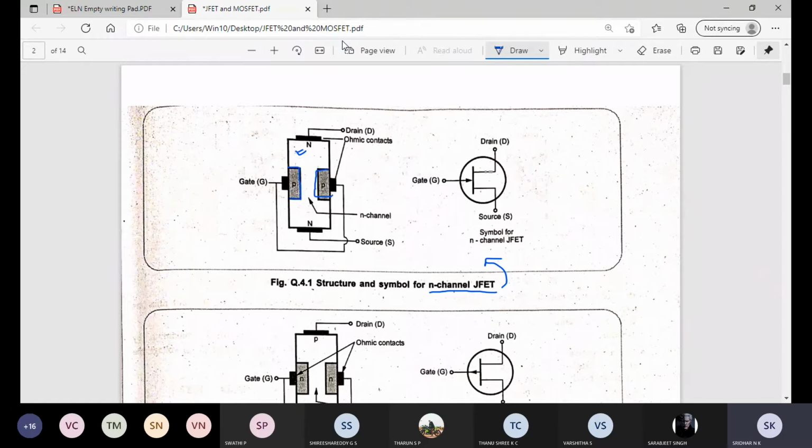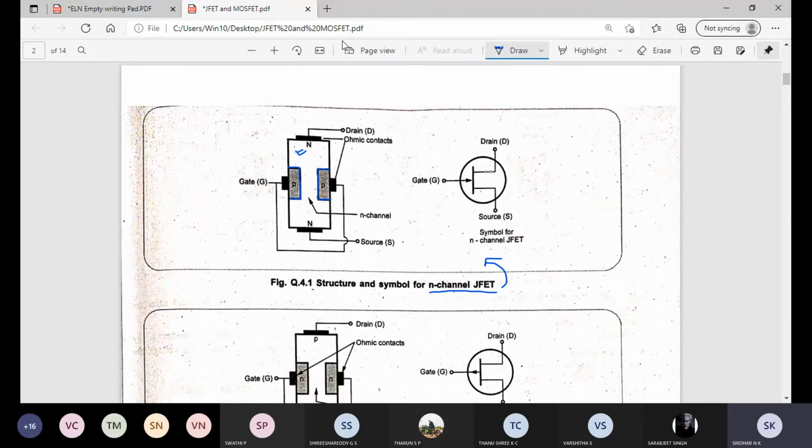This N type semiconductor is lightly doped compared to the P type semiconductor.